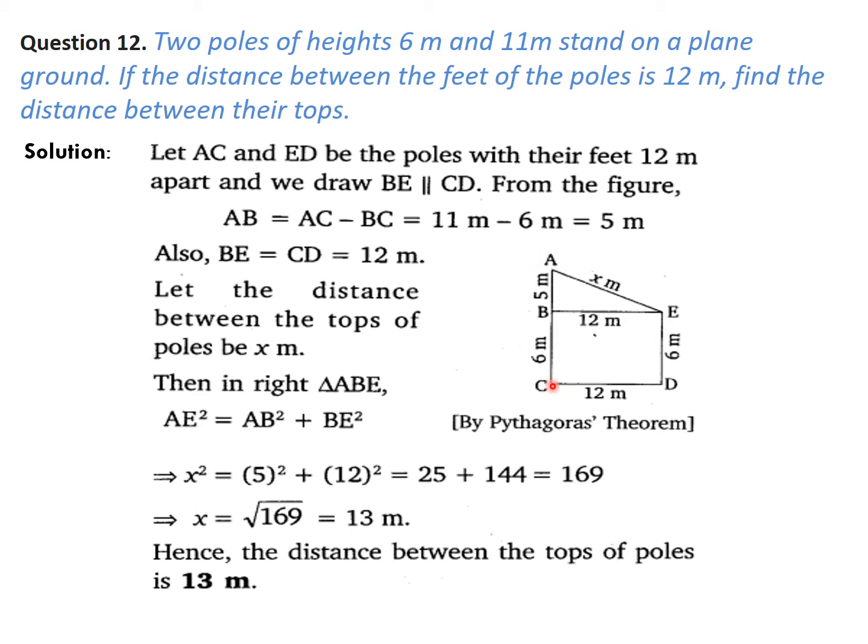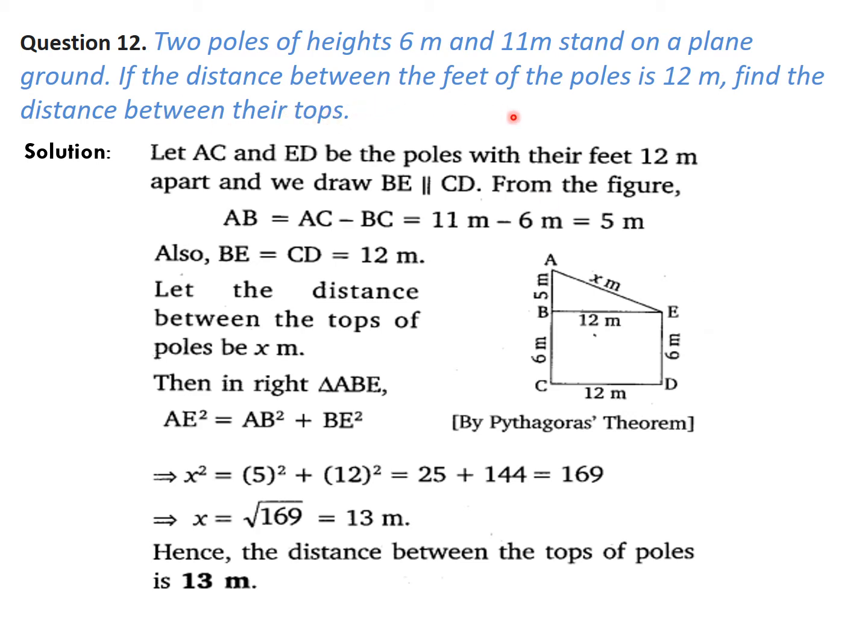AC is completely 11 meters in height, so we can find the remaining height. AB will be 11 meters minus 6 meters, which equals 5 meters.